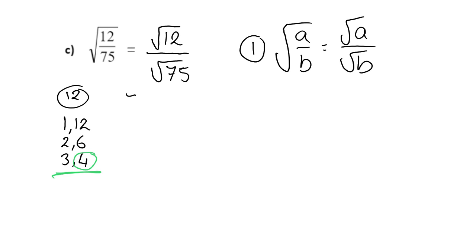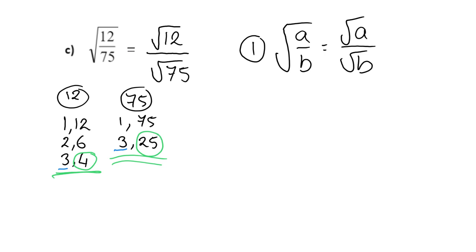The factors of 75, looking at 1 and 75, 3 and 25, and straight away you'll recognize that 25 as a square number is going to help us here. Now the convenient thing you'll hopefully see too is that they both have a 3 in there. So that 3 is going to help us no end when it comes to simplifying at the end.